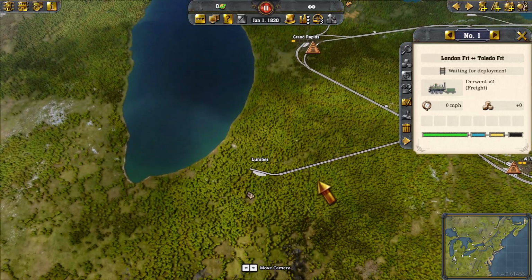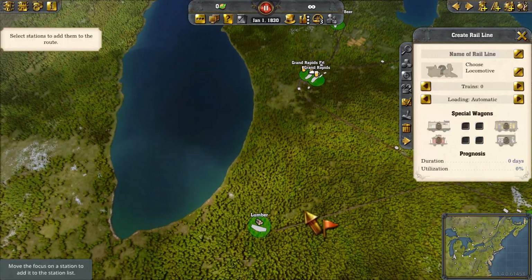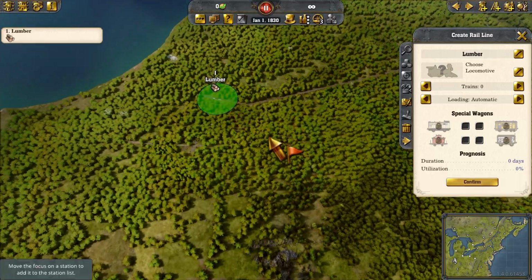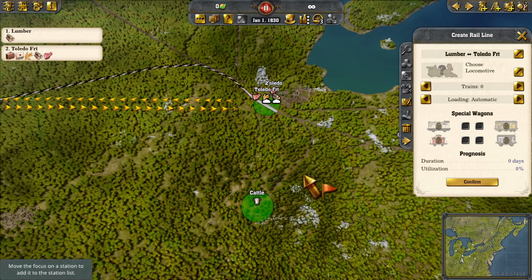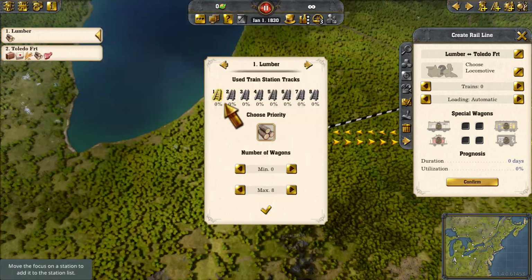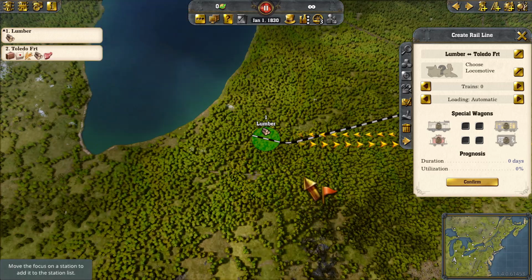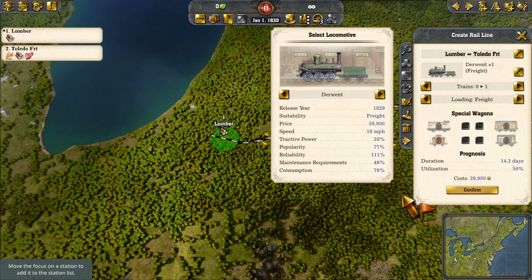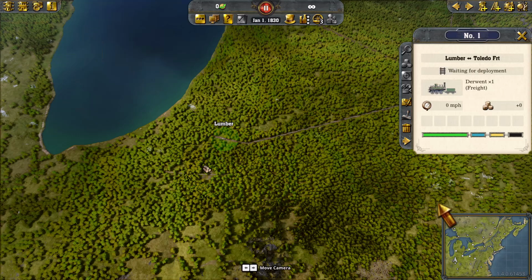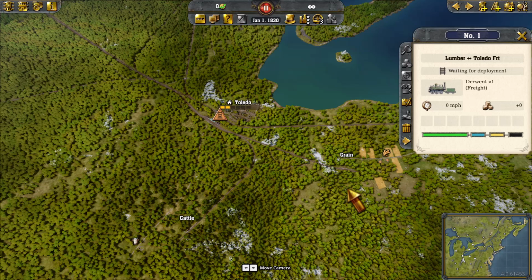But if you could just get a train on it, you're probably in pretty good shape. What I like to think of is 1 per city, which would be a 3. So our lumber to Toledo, it's going to run full. It's going to be a freight train. And 14 days, I would like to have it have a frequency of 3, which is 18. So that one would be good in early going, right?